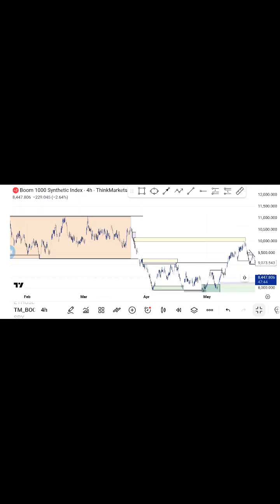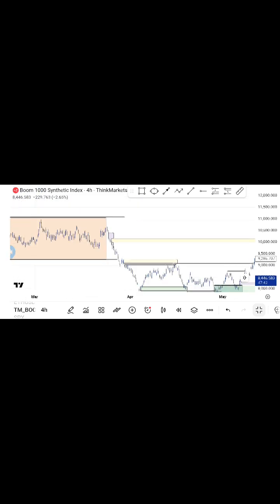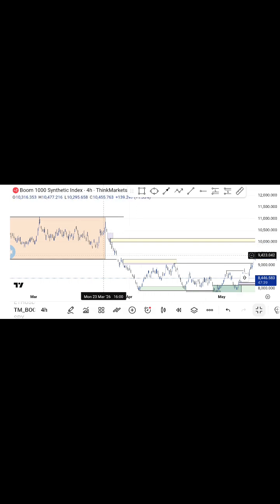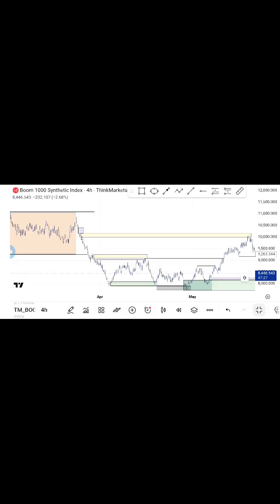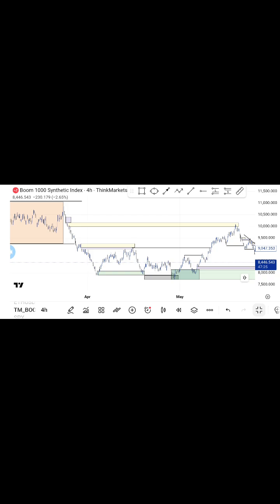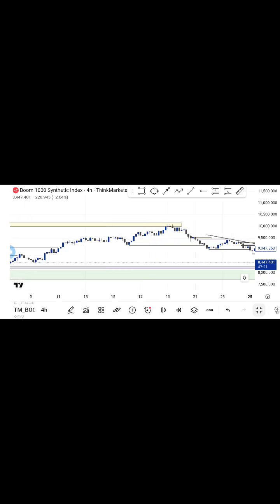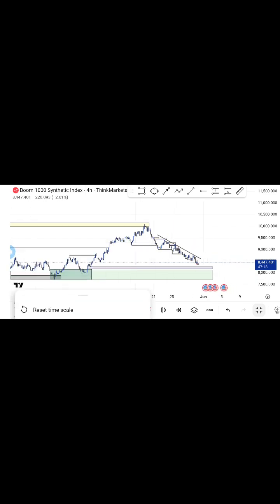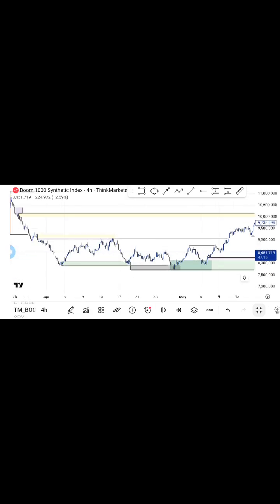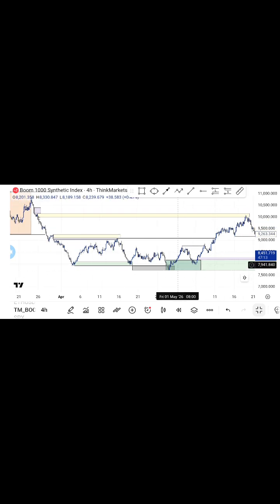Then if I switch back down, we can see the market actually broke down this ranging market here. It pushed towards this point, then started consolidating again in this range.